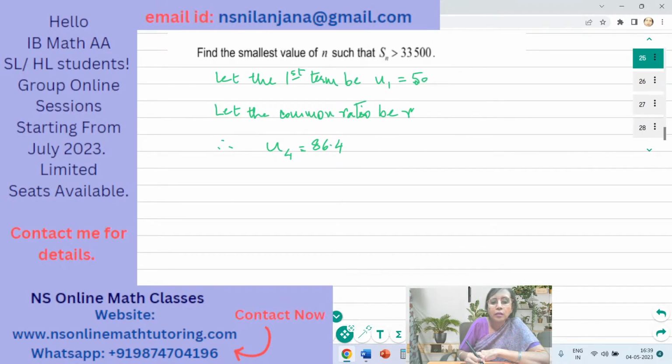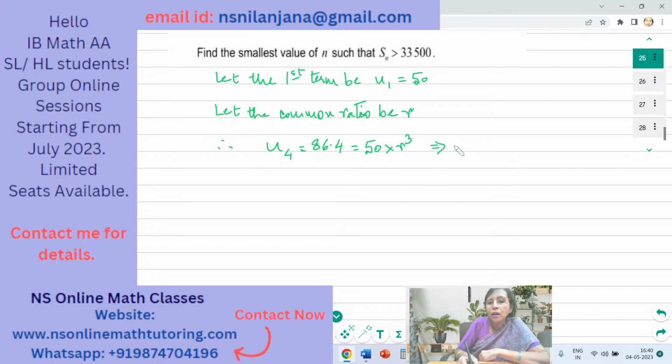So this should be equal to u1 times r to the power of 3. u1 is 50 times r to the power of 3, since 4 minus 1 is 3.